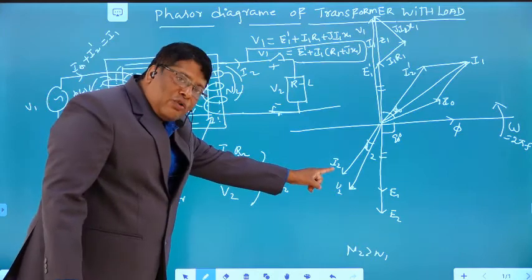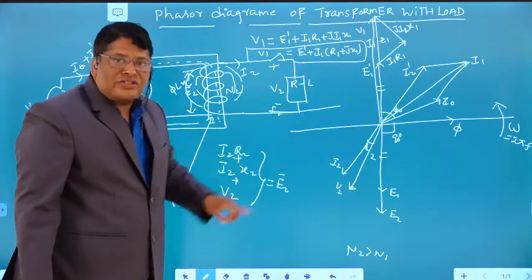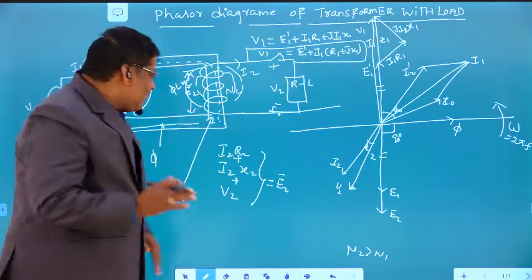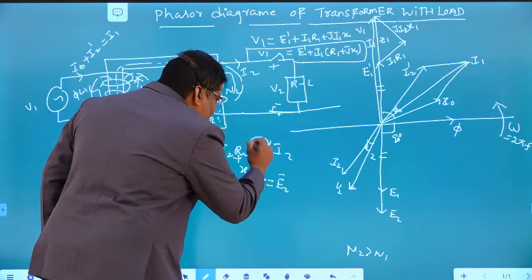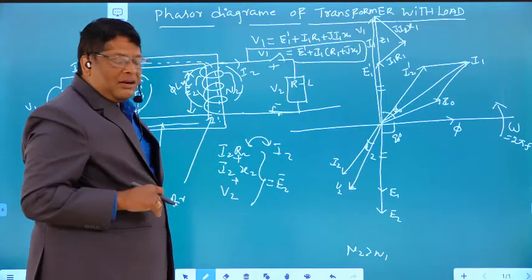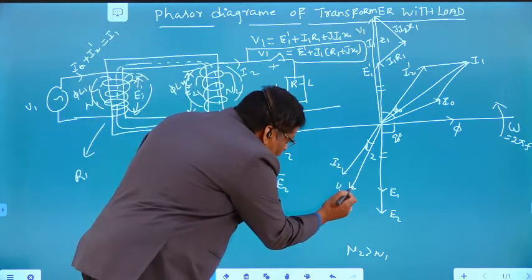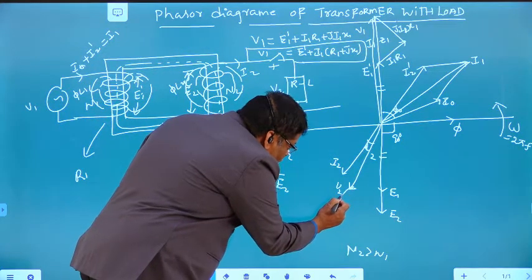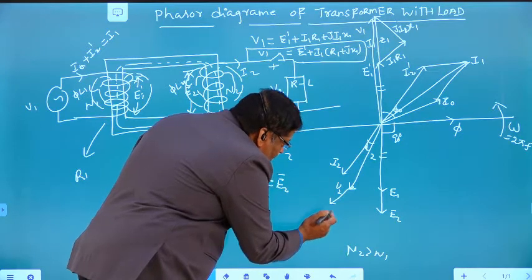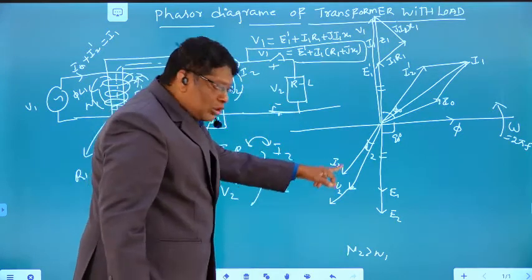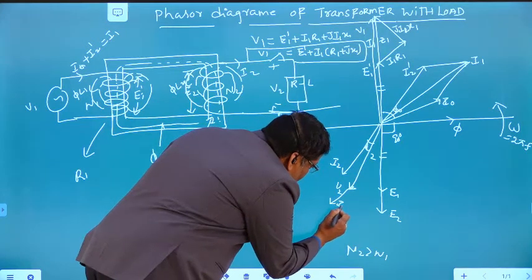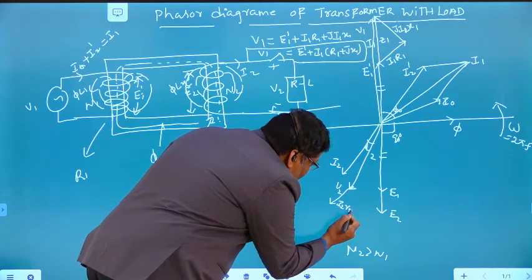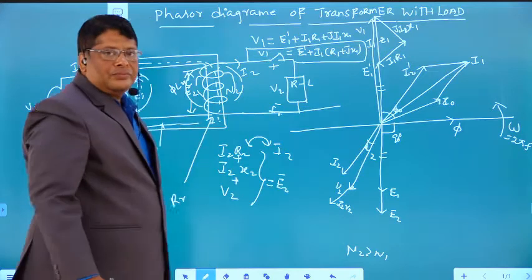I2 is a sinusoidal quantity, and I2 R2 is also a sinusoidal quantity. The relation between I2 and I2 R2 is in phase, nothing but parallel. So parallel to I2, from the tip of V2, you draw a phasor of length parallel to this one. This is I2 R2.